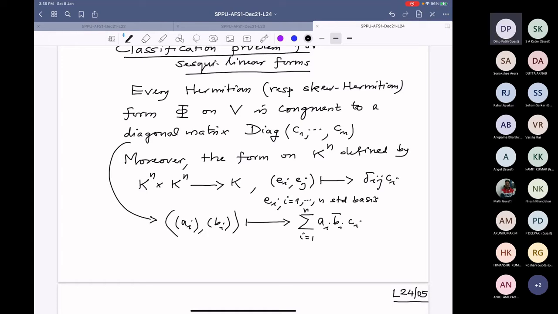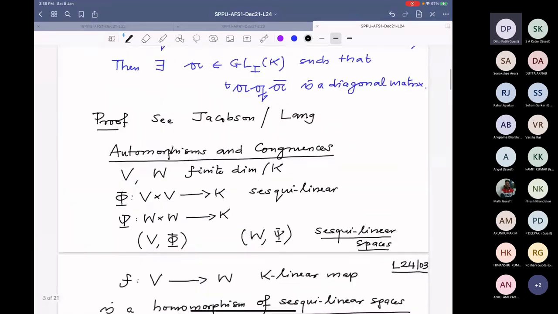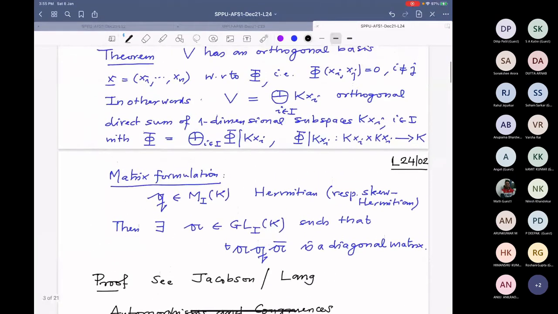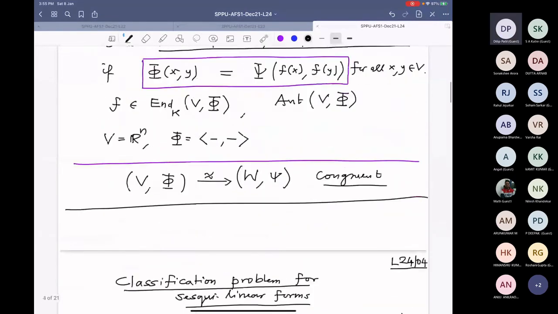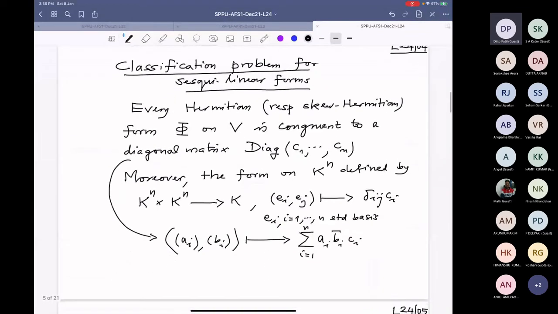Bar is coming from that kappa. This is the decomposition theorem. I just wrote it in the language that is suitable for us. So this is the first step, of course.